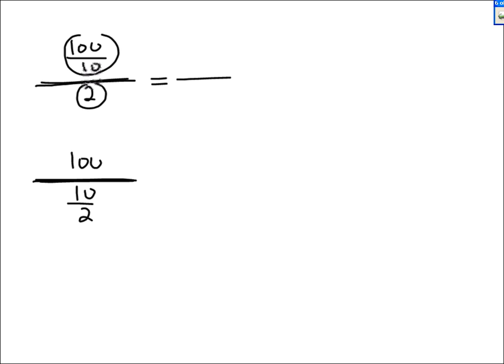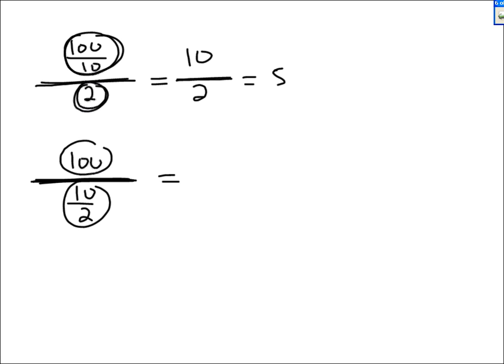And 100 divided by 10 is 10. And 2 is 2. And 10 divided by 2 is 5. It's this number divided by this number. This top number is 100. This denominator, this bottom number, 10 divided by 2 is 5.